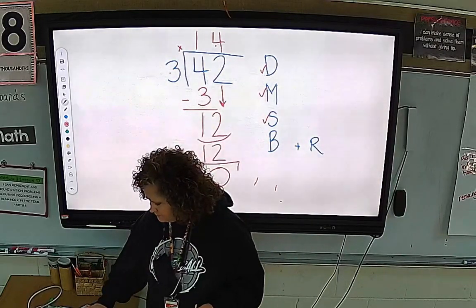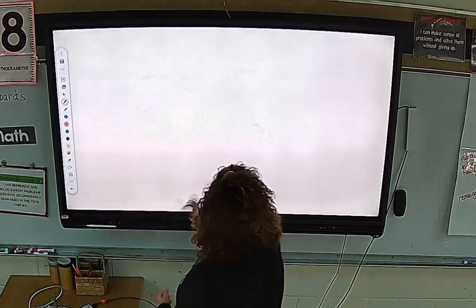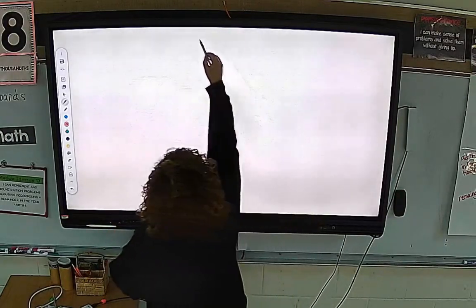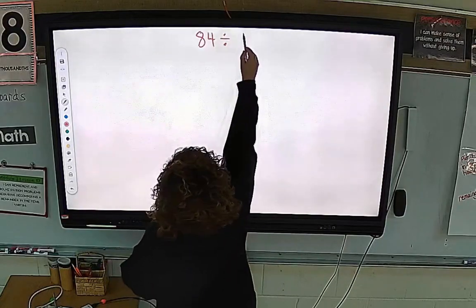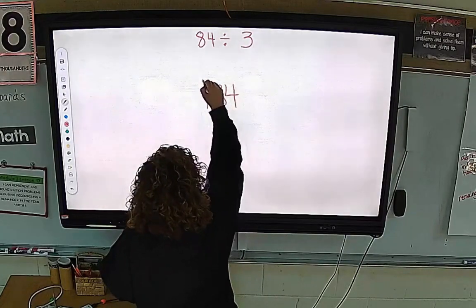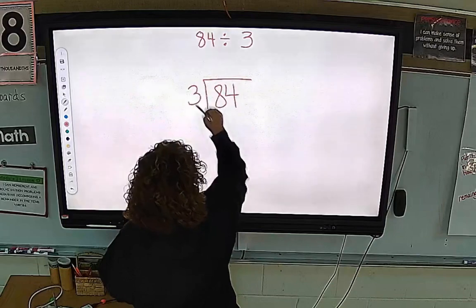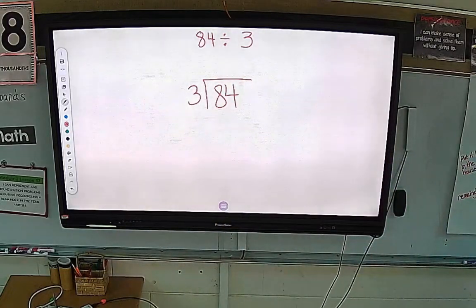All right, let's try 1 or 2 more. This one is 84 divided by 3. 84 divided by 3. All right, go ahead and give that one a try.